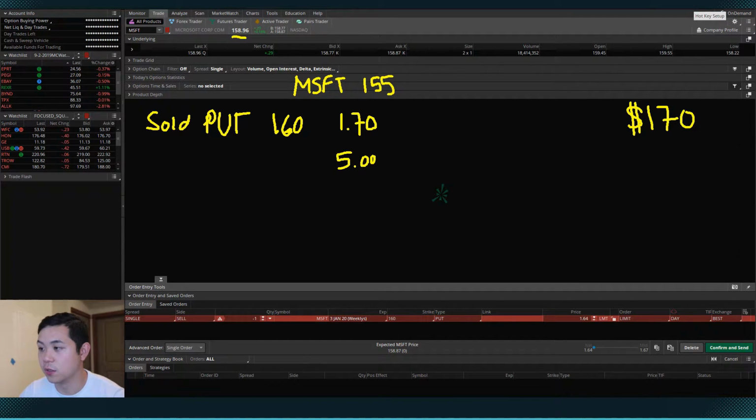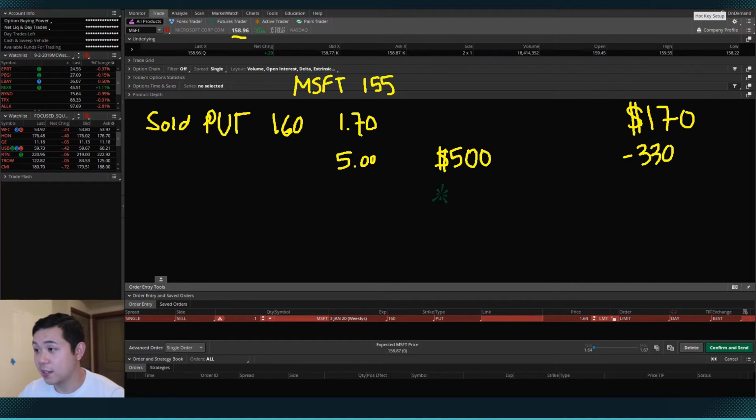All right, so to cover this option, we are going to have to pay $5 or $500 to buy it back. All right, so if we pay $500 to buy it back, then that means overall we are going to be at a $330 loss on this trade.